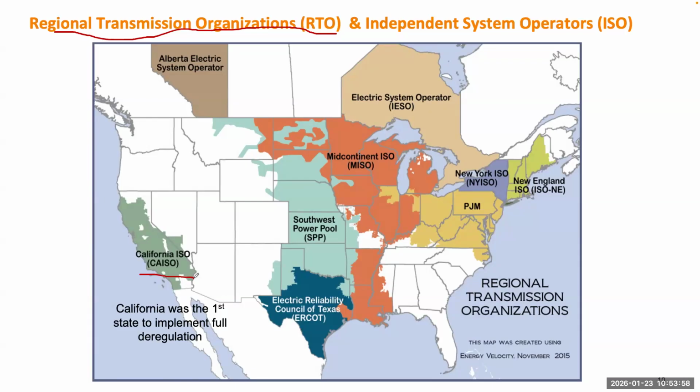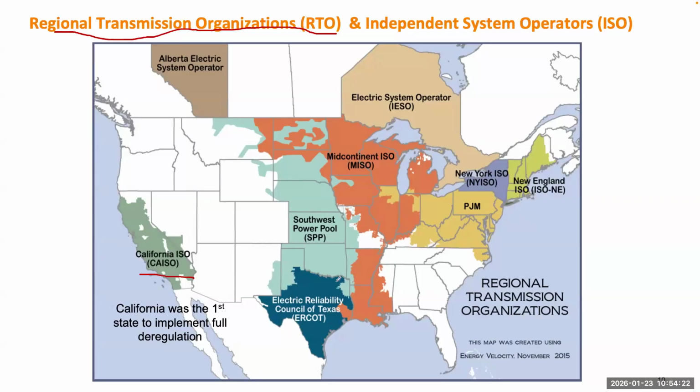They have Pacific Gas and Electric. They have Southern California Edison. They have San Diego Electric Light. They also have many smaller companies. So they need one operator to operate the entire California market. So that's the first one implementing full deregulation in California.